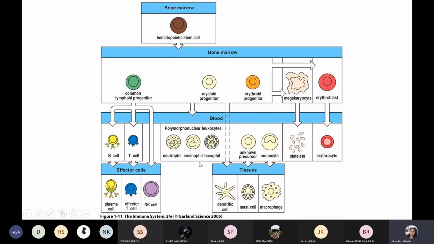If you look properly at the nucleus, can you see? There is a nucleus inside the cells. The granulocyte possesses polymorphonuclear origin. Poly means many. The nucleus morphology is uneven as well as multiple in number.